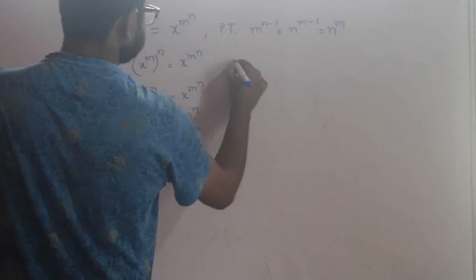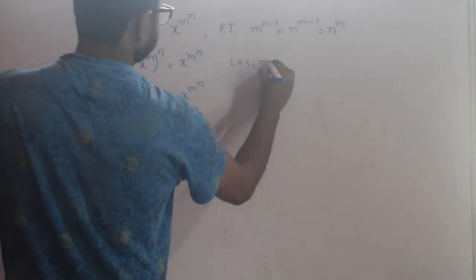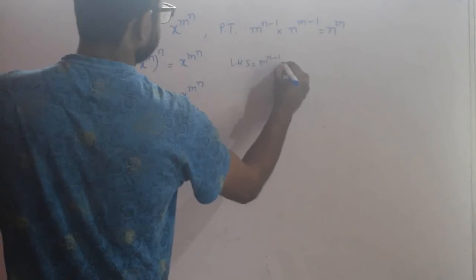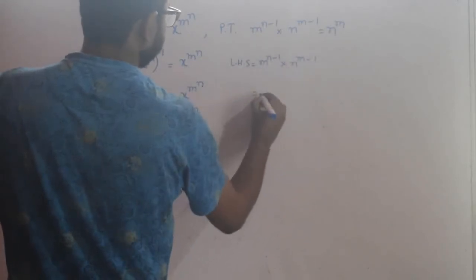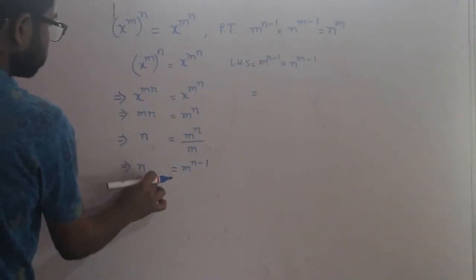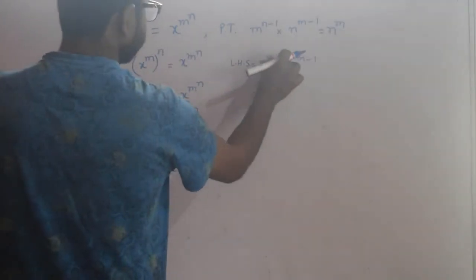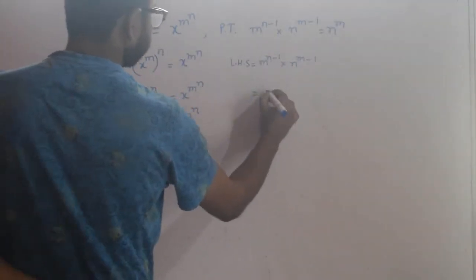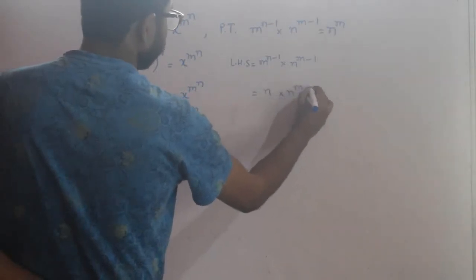Now take the left hand side of the proof. The left hand side is m to the power n minus 1 into n to the power m minus 1. Now as per the condition, what we have got? We have got n is equal to m to the power n minus 1. So in place of m to the power n minus 1, you can write n into n to the power m minus 1.